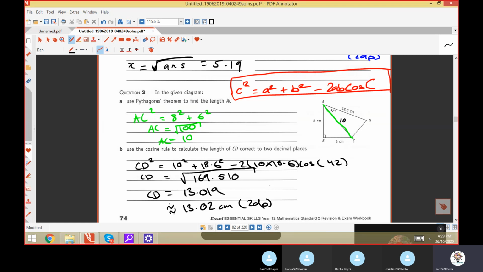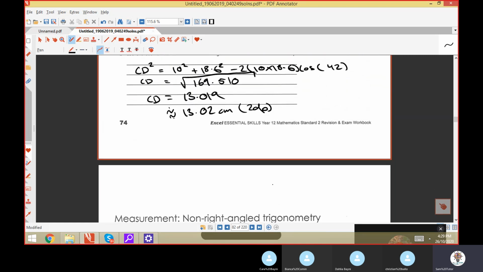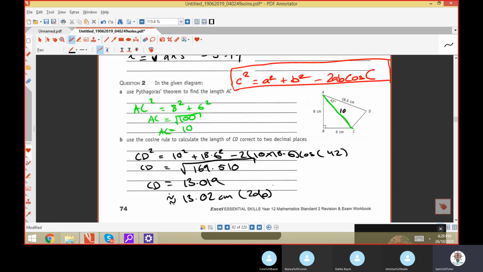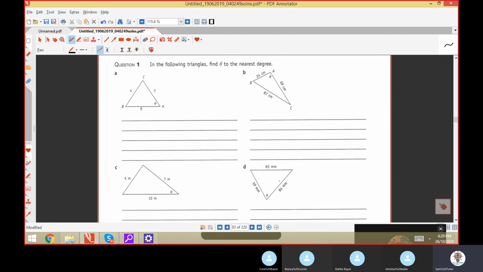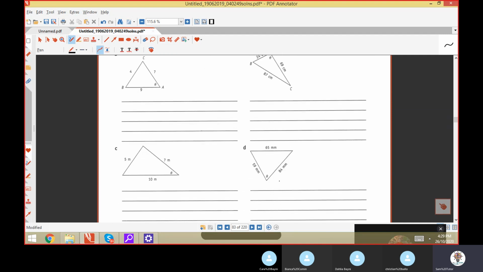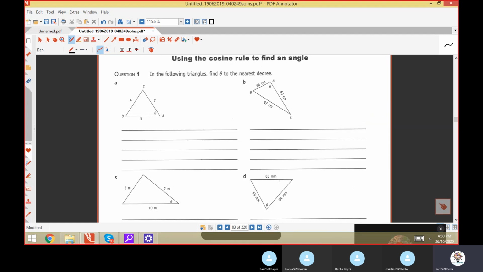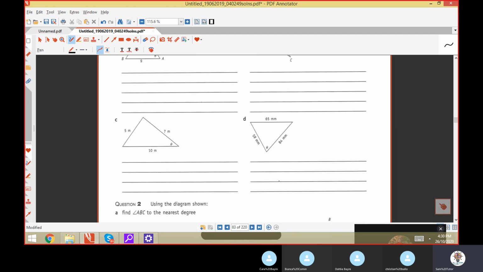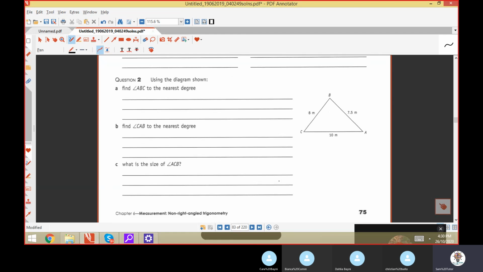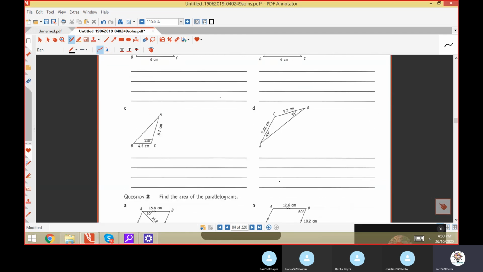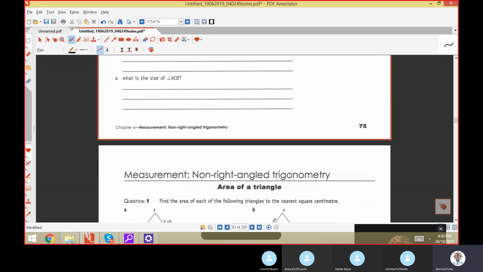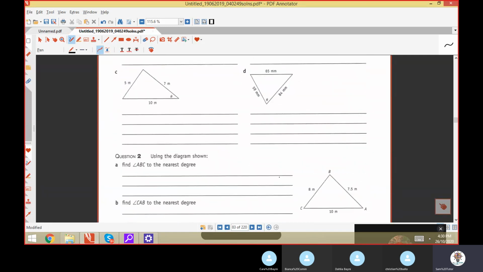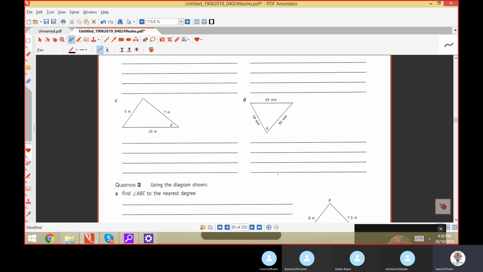Is that the same answer that you got? Yeah, sweet. Yeah, it's the same thing here. And then after this next page, you just go into this new formula. Non-right-angled triangles, sorry.